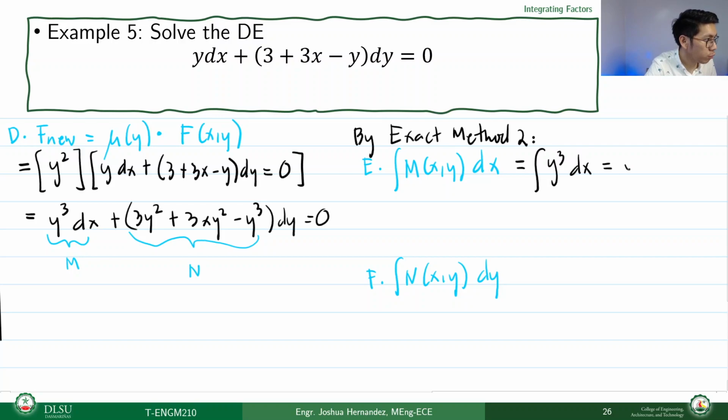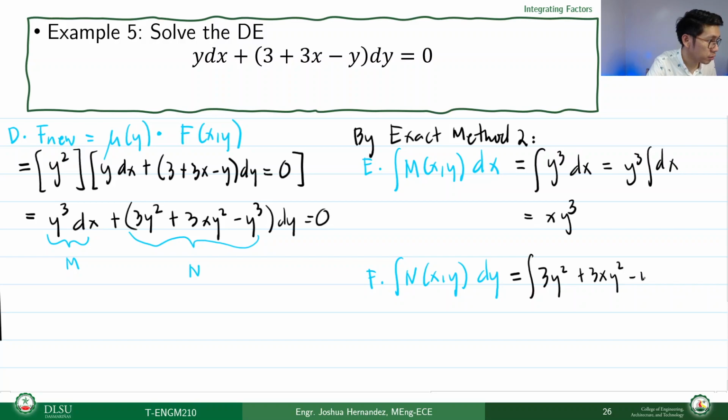So, factoring out y cubed dx, magkakaroon tayo ng x y cubed. Of course, disregarding muna yung ating arbitrary constant. And then, dito naman, we'll have the integral of 3y squared plus 3xy squared minus y cubed dy.